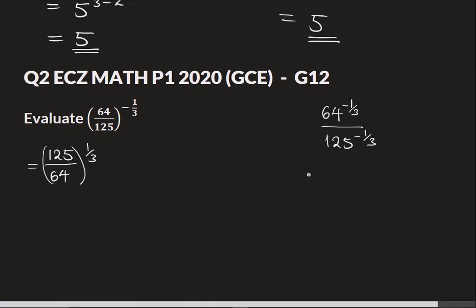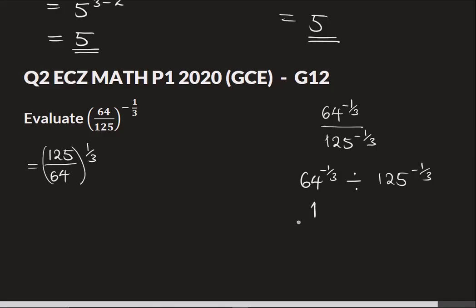If we rewrite this, it's the same as 64 to the power negative 1 over 3 divided by 125 like that. This division can be changed to a multiplication if we make this 1 over what we have. But before we do that, let's treat this negative like we saw for the 1 over 5 to the power 2.